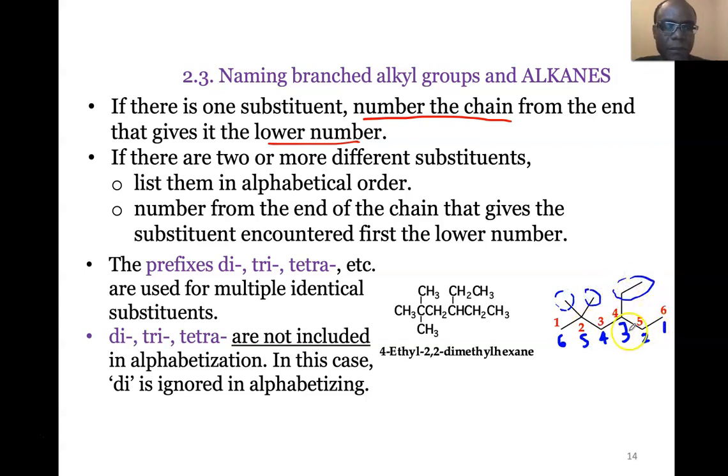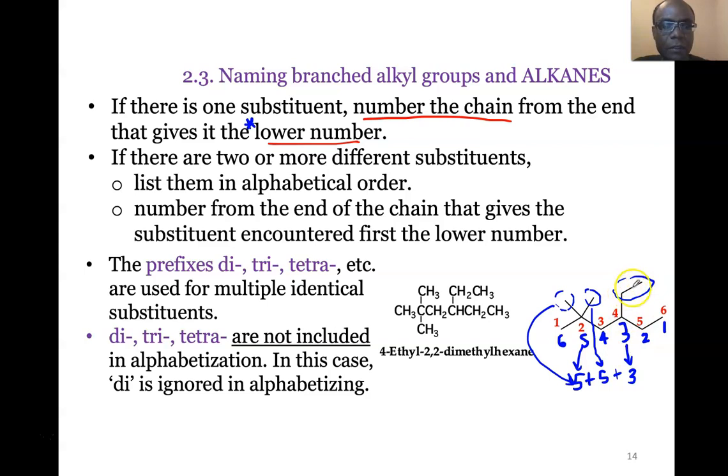Now out of my parent chain, which is the right way to number, the red or the blue? Again, you have to give the substituents the lowest number possible. The only way to know which one gives you the least number possible is to sum up the positions. Like here in blue, I have a 3, and then I have 2 substituents on 5, so I have a 5, and I'm going to write 5 again. Why? Because the methyl here is on the 5th carbon, and then the ethyl is on the 3rd carbon.